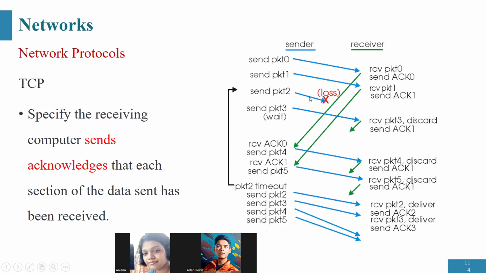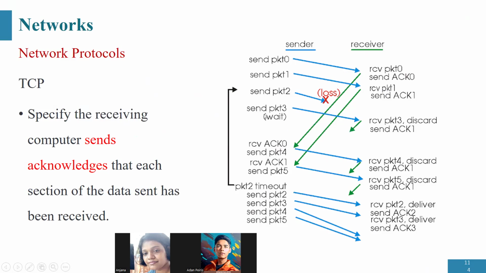But it's lost. Maybe it collided because of network traffic. Did he mark anything about packet 2? No. After that the sender sends packet 3, but it may need to wait because of a bandwidth issue or traffic control.